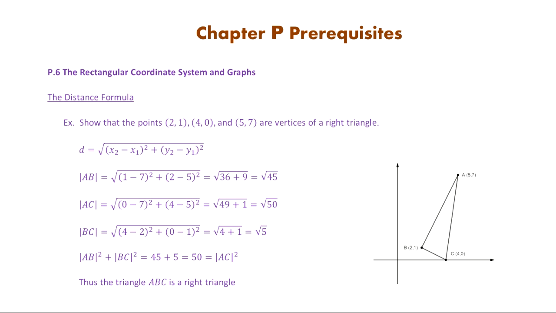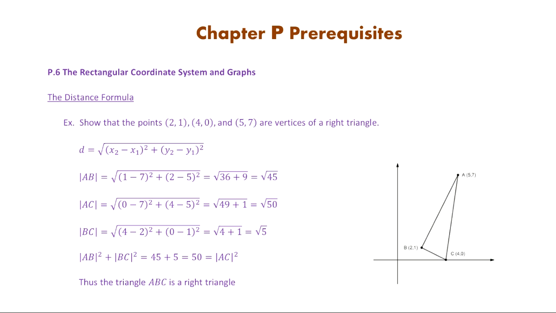BC is square root of 5, so if you square it, you get 5. 45 plus 5 is 50, and that's exactly the square of AC. We already found AC is square root of 50, so that's 50 also. So we got AB squared plus BC squared equal to AC squared in this triangle.